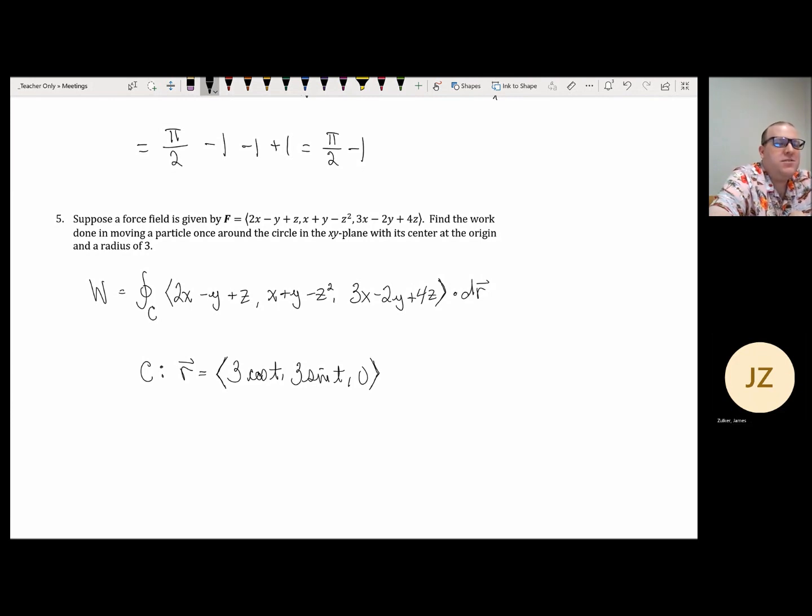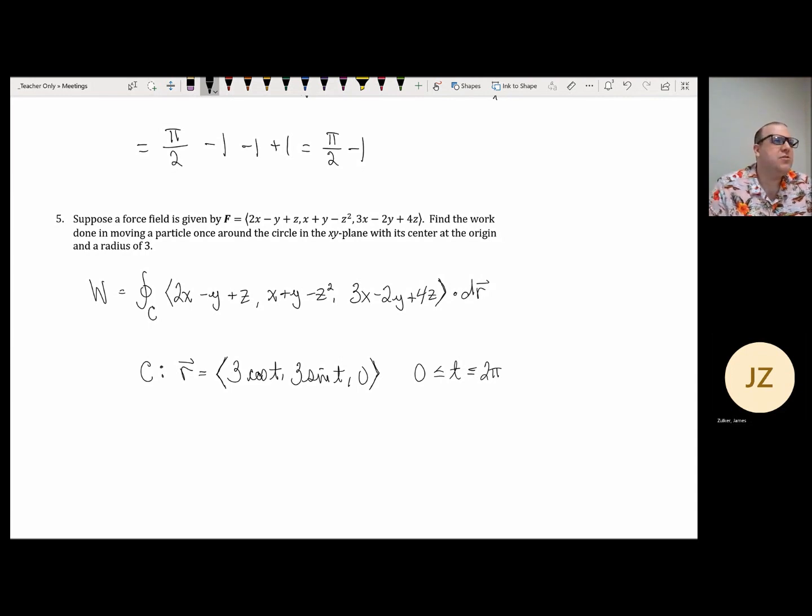Remember, you always need a domain. So what would your domain be? Why do you say 0 to 2 pi? Right, but why not pi to 3 pi?